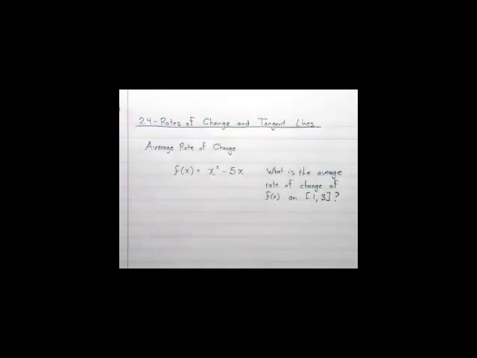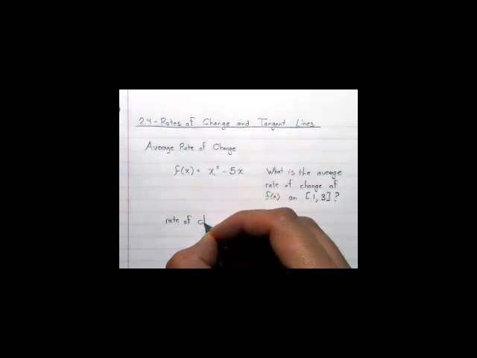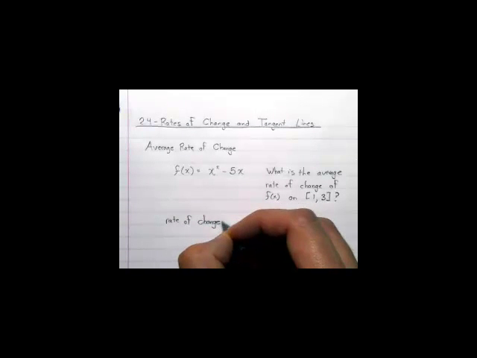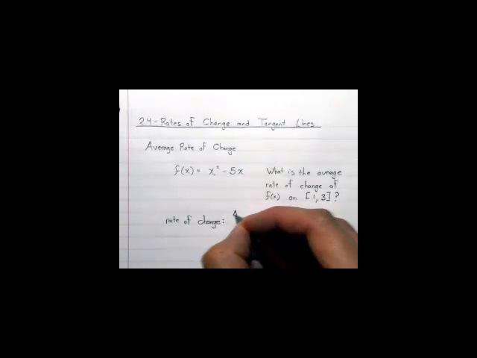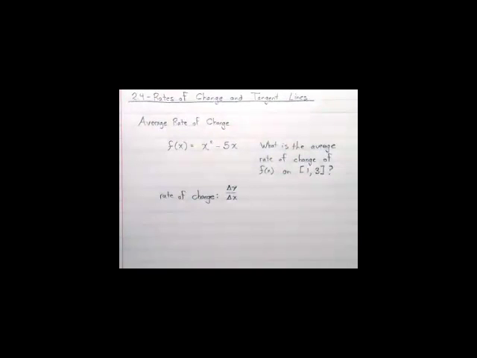So the average rate of change, if it's a slope, think about it like change in y over change in x. Well, the change in y is f of 3 minus f of 1.